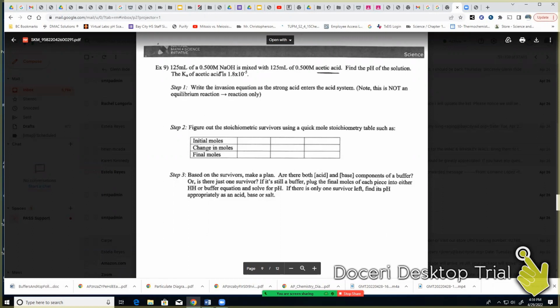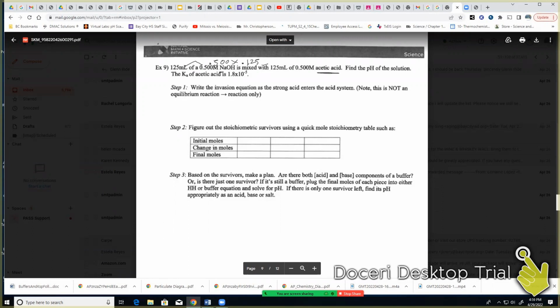Since I know I'm doing an invader problem, I'm going to figure out how many moles I have of each thing, because that's what I have to work with. Remember, you take your molarity and multiply it by your volume in liters, 0.125 in this case.